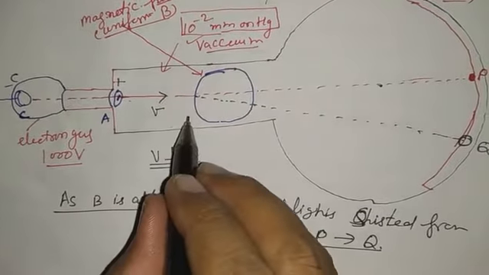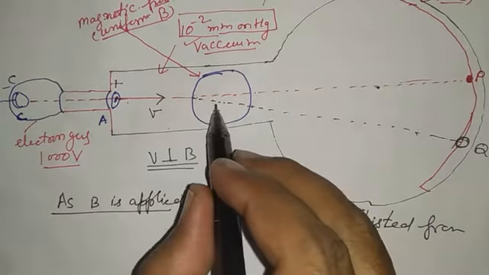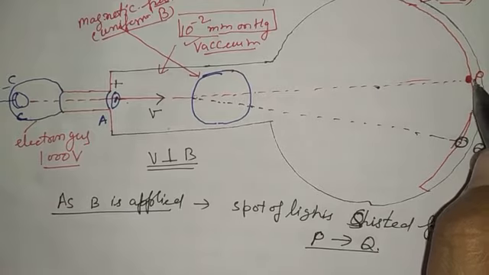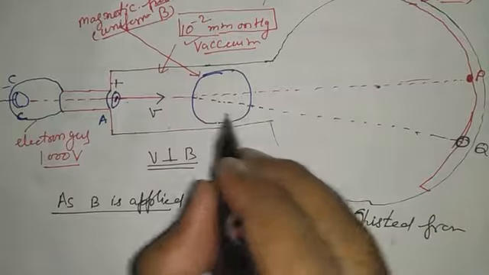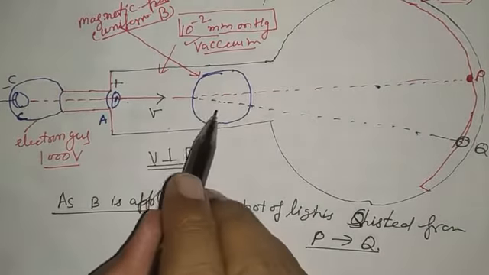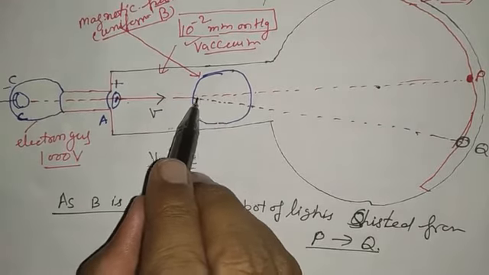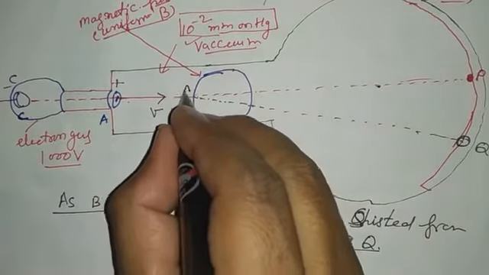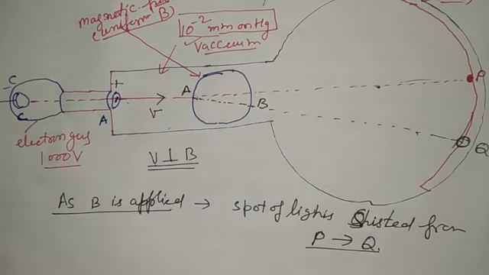Now in this experiment, one more thing is observed: as the magnetic field is 0, again this spot of light appears at point P. So we know that when v is perpendicular to B, the beam of electrons or charged particle travels in a circular path. So here in the diagram, A to B is an arc of a circle.